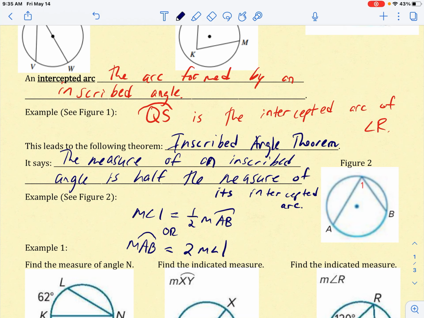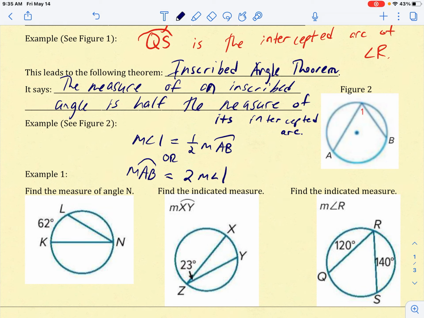The angle is half of the arc, or you could say the arc is double the angle. So in example 1 here, notice since arc LK is 62, angle N is 31. In the next one, angle Z is 23, so arc XY has to be 46 in measure.